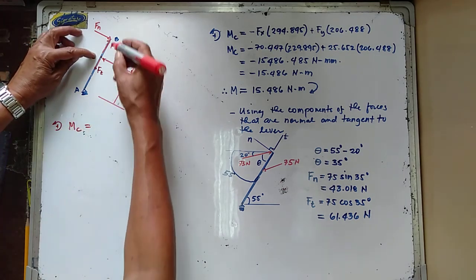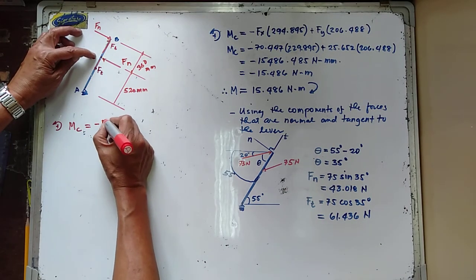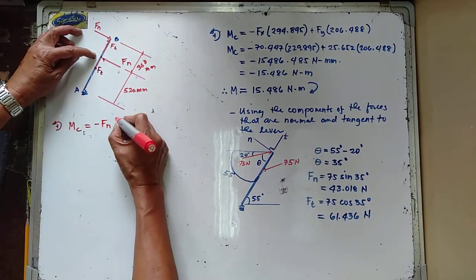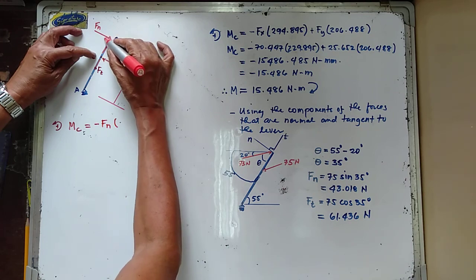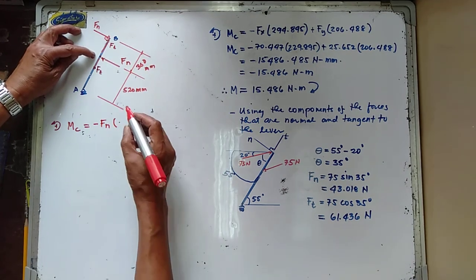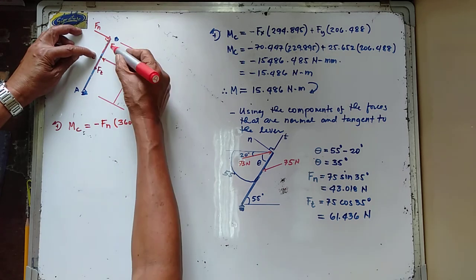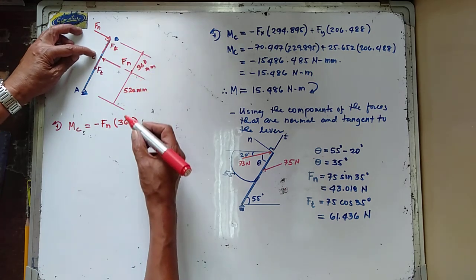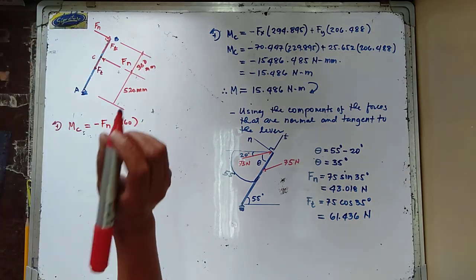So your Fn is negative Fn, this going clockwise about point C. Multiply this one by the moment arm, that is 90 degrees, and that is equal to 360 mm. Your Ft in here has no moment because it passes through point C. Same with this Fn and with that Ft.